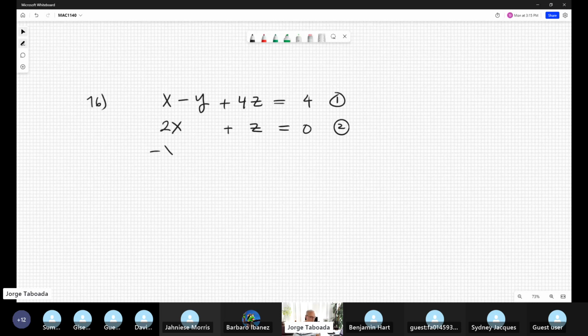And negative x plus y minus 4z equal to negative 8, equation 3.